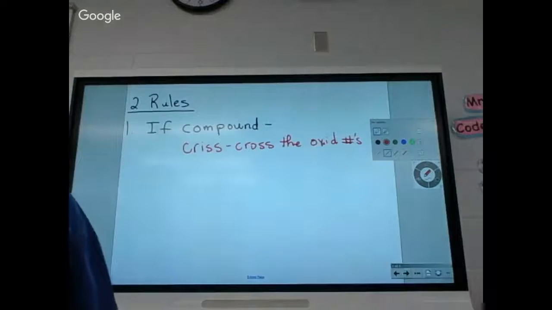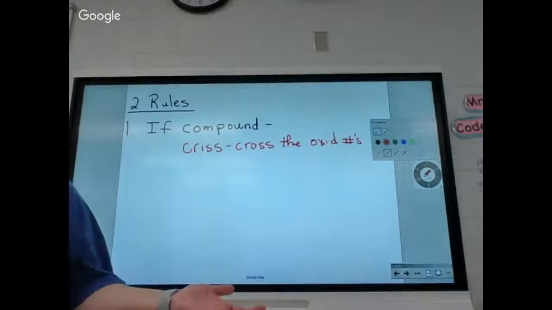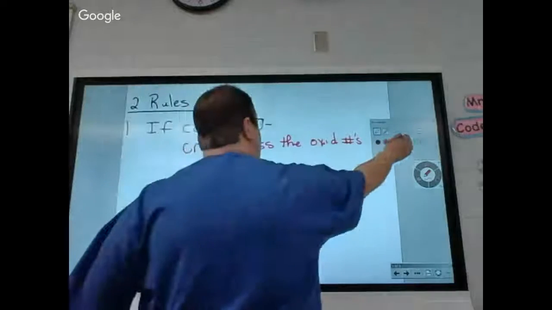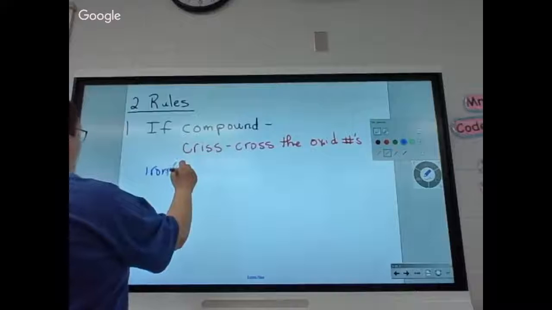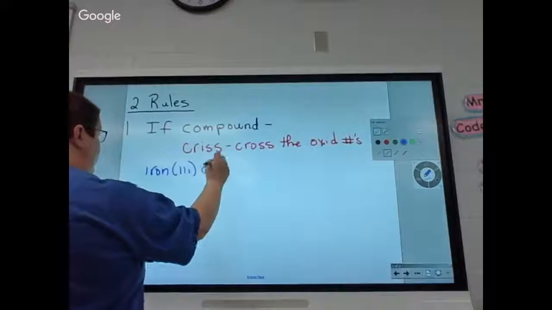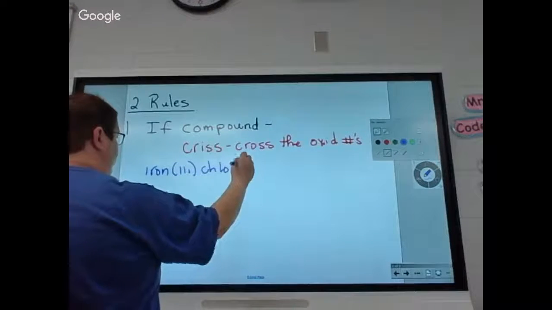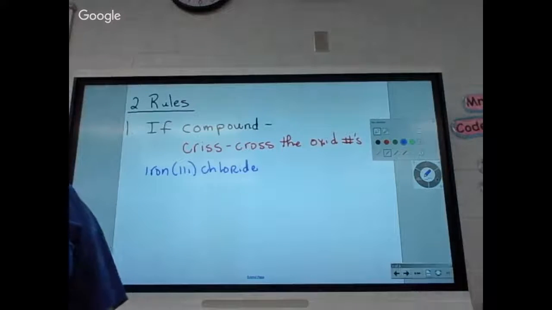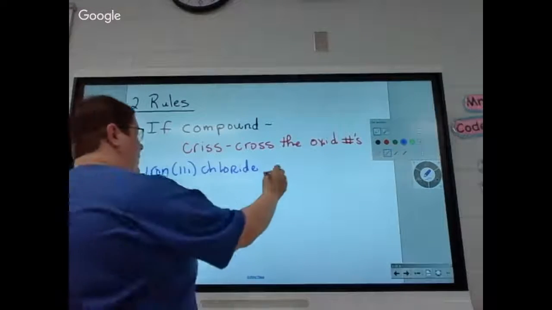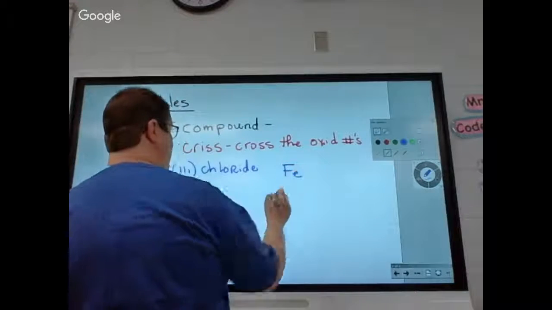Now, if you have a compound like iron 3 chloride, what's the symbol for iron? Fe. What's its oxidation number? 3.